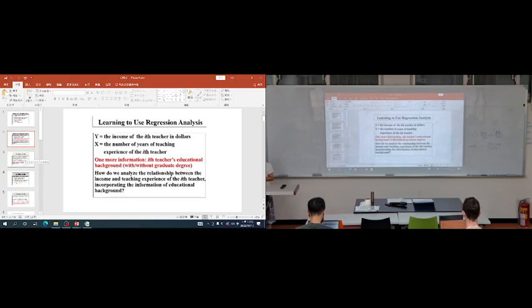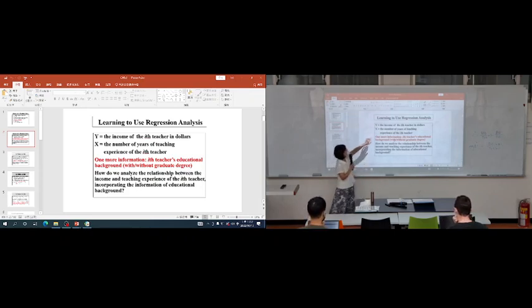Let's see one of the examples, which is also in our textbook. Now, if I want to know the relationship of a teacher's teaching experience with the teacher's income, salary, I think the most important factor here is teaching experience.